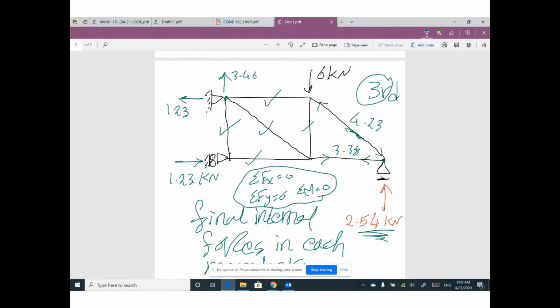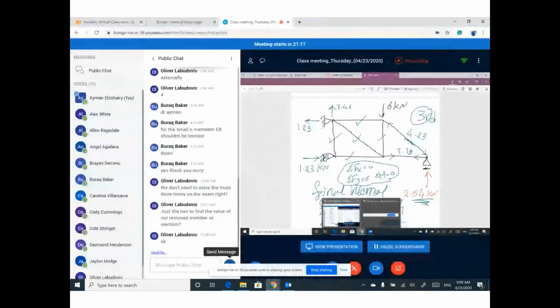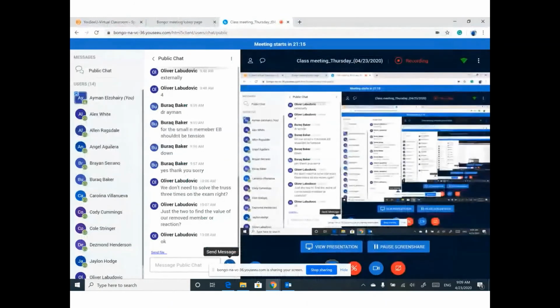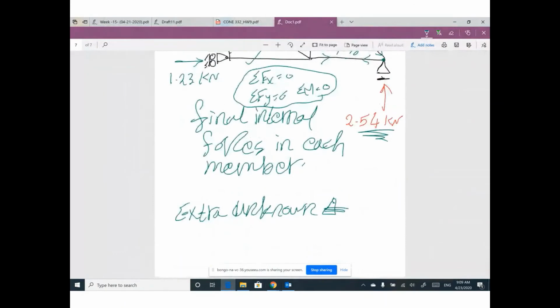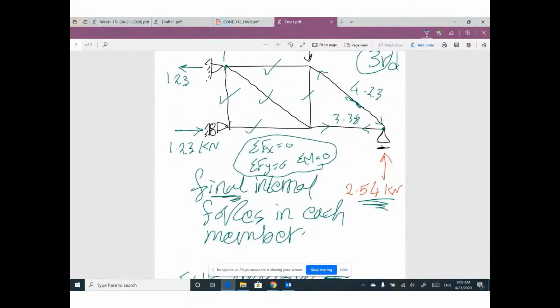You are at home, you can get a cup of tea and solve your exam. No, you have to solve your structure to the end, until you get the final internal forces.